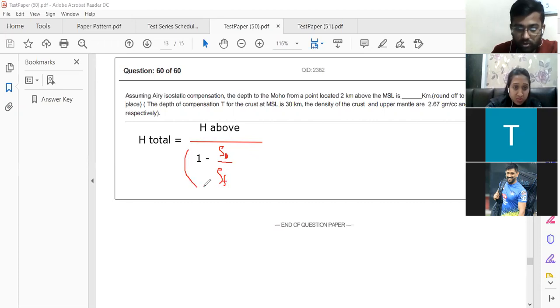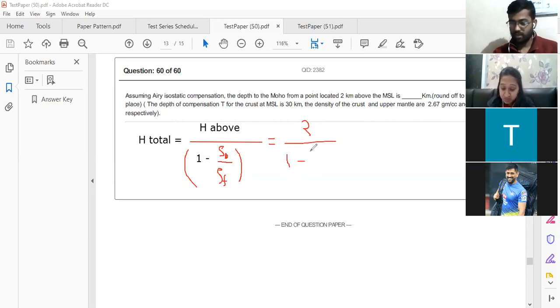Okay, rho f means density of fluid, means density of mantle, and rho 0 means density of crust. So substitute your values here. You will get H above is 2 kilometer.